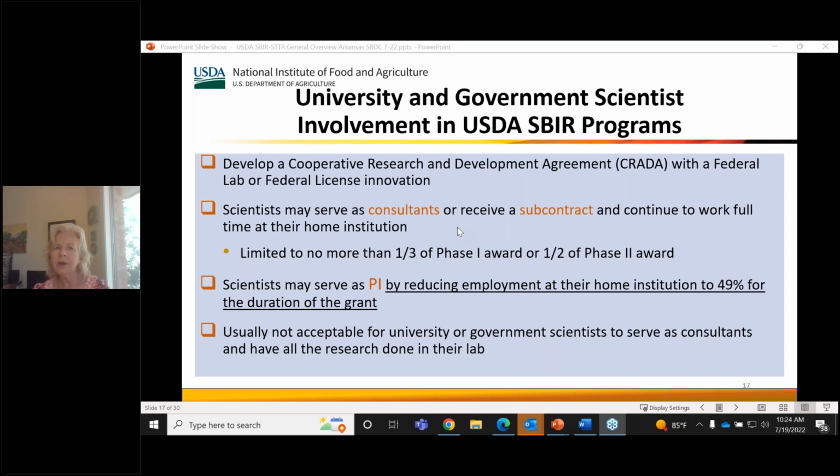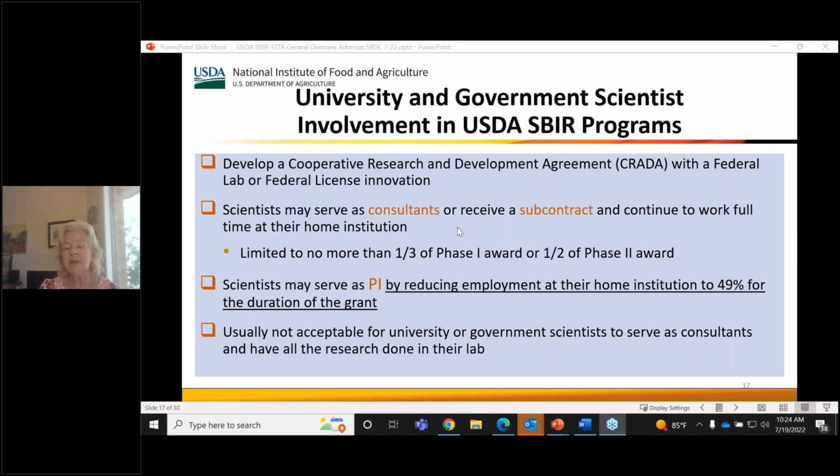So basically, a CRADA, if you have an innovation that a federal lab also has an interest in, and it doesn't have to be a USDA lab, you may be able to develop one of these CRADAs, and it has a lot of benefits. I guess the primary benefit with a CRADA is that it actually gives you an advantage. And we'll talk about that more in a couple of slides.